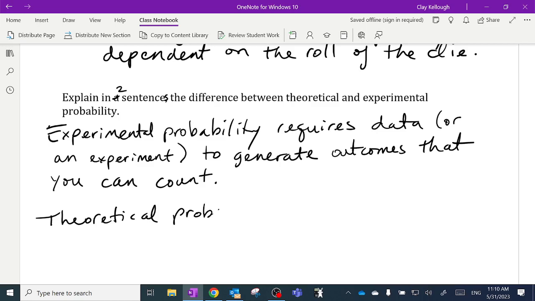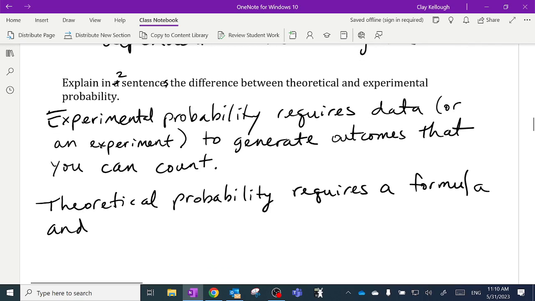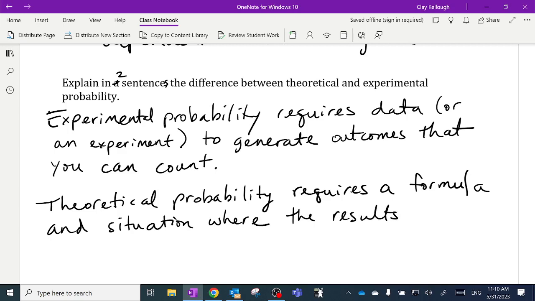Theoretical probability requires a formula and a situation where the results can be calculated, i.e., they're random.